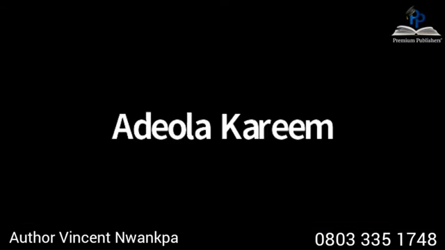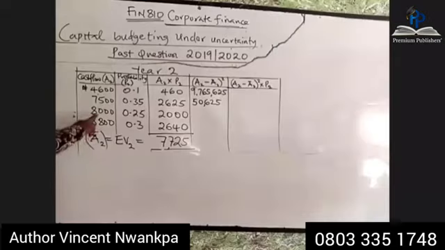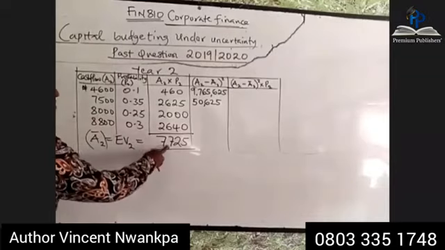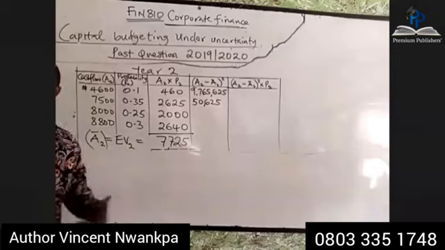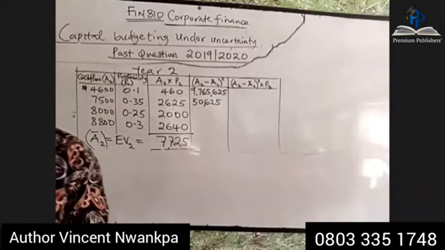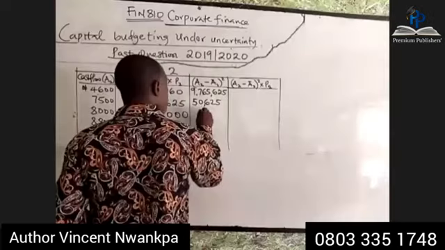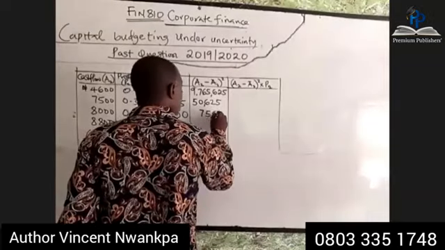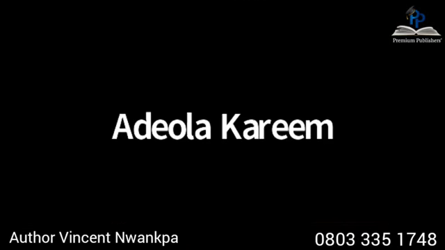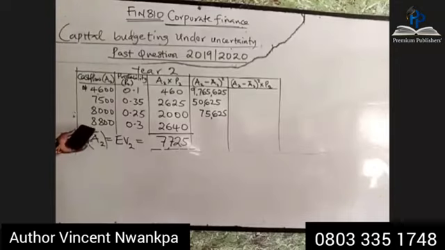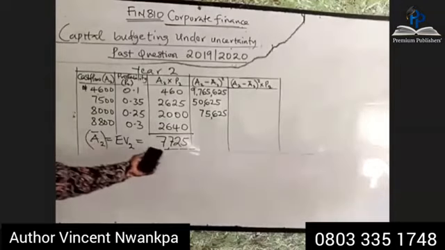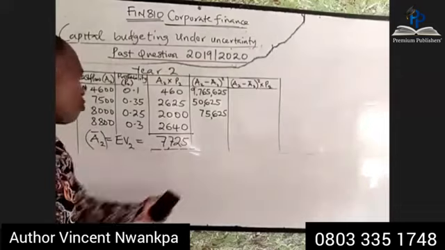The next one, 8,000 minus 7,725, all raised to power 2. What do you have? 75,625. Okay. The last one, 8,800 minus 7,725.